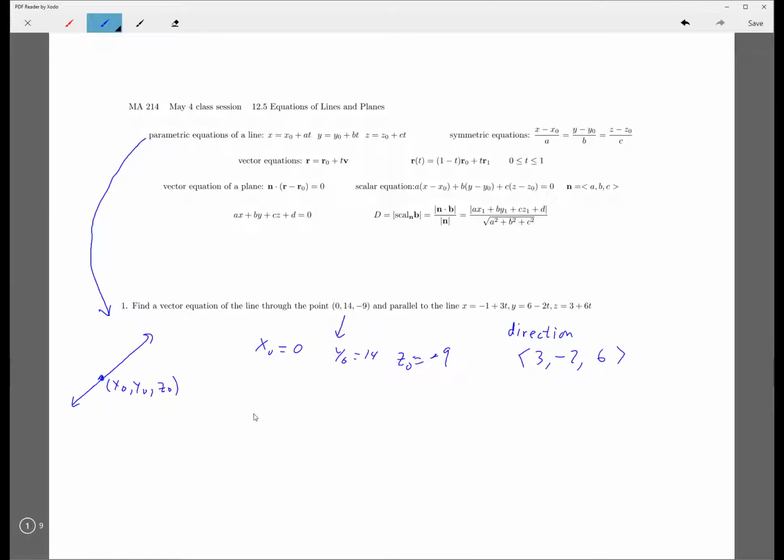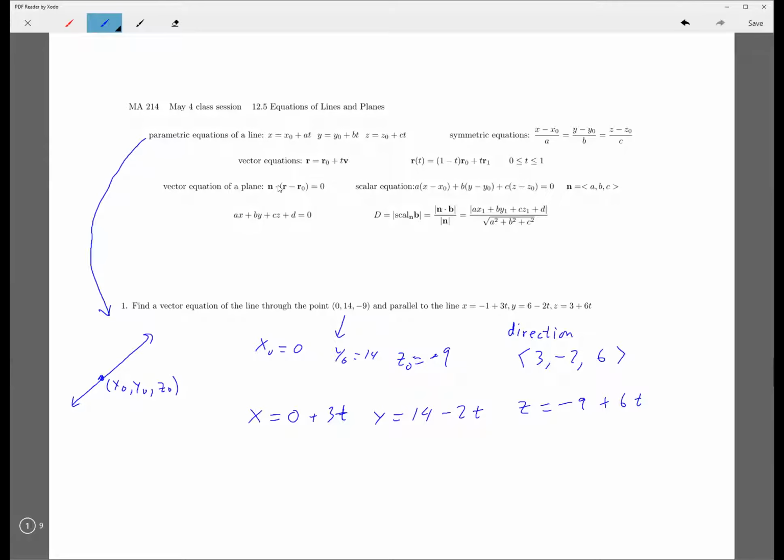And then we just complete our equations there, so that would be 0 plus 3t. That's a t. And then y is 14 minus 2t, and then z is -9 plus 6t, like that. So those are the equations right there.